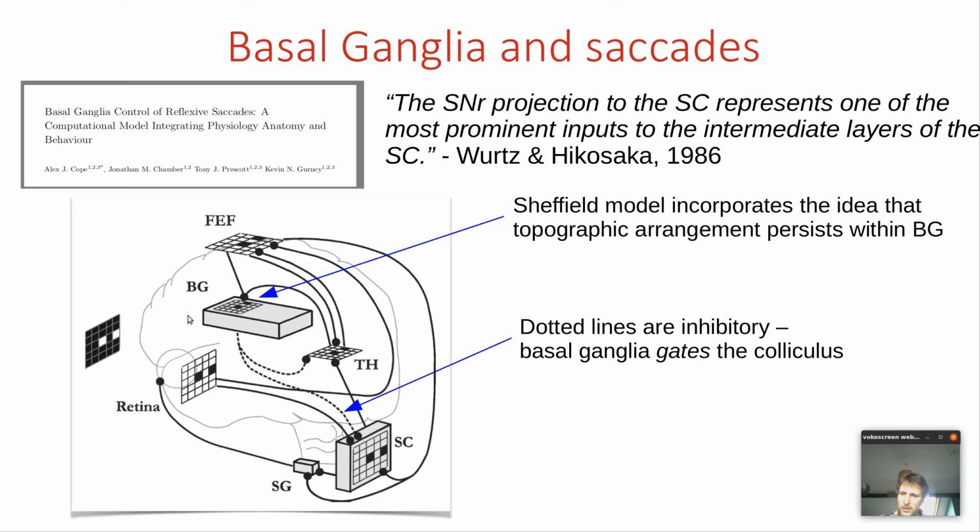So what the basal ganglia is doing, this is its standard mode of operation, which I think will be talked about in another module in this course, is that the basal ganglia inhibits access to motor resources. So essentially, it's gating the colliculus here, and then it's going to allow a saccade to start.